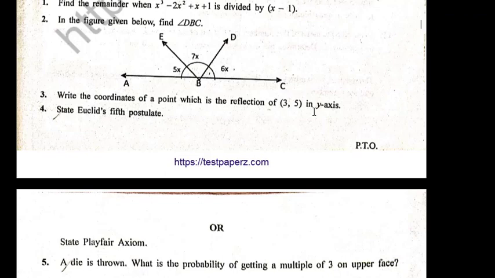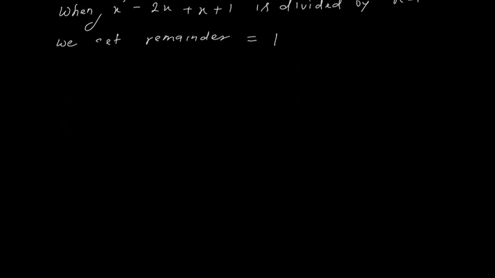Here we will draw the x axis and y axis. This is our y axis. We have to find the reflection of (3, 5). The point is here. This is (3, 5). Now its reflection in the y axis will be here.